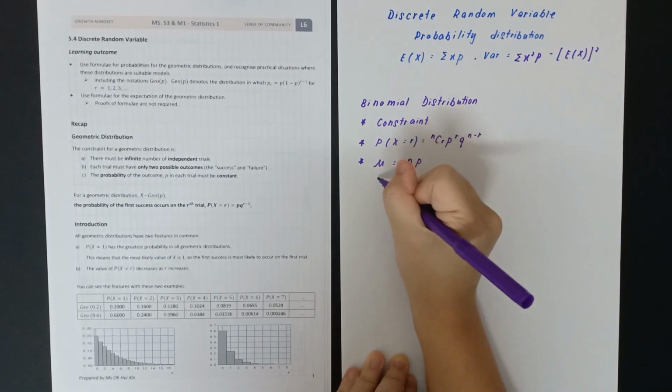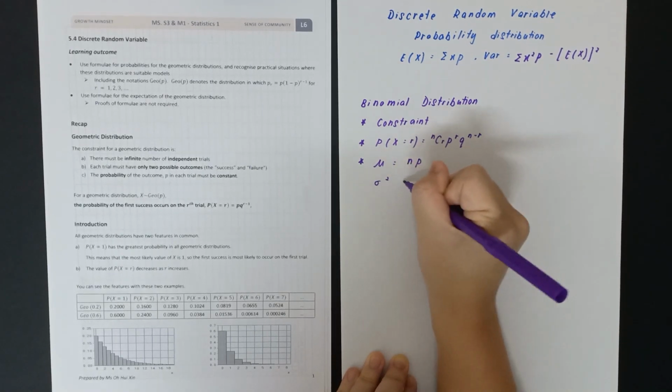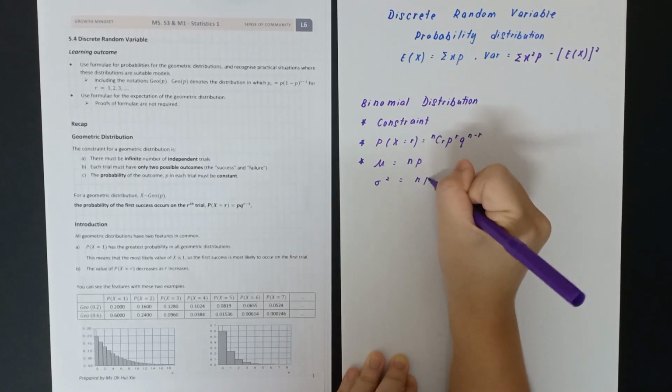Then you learned how to find your variance, which is equal to npq.